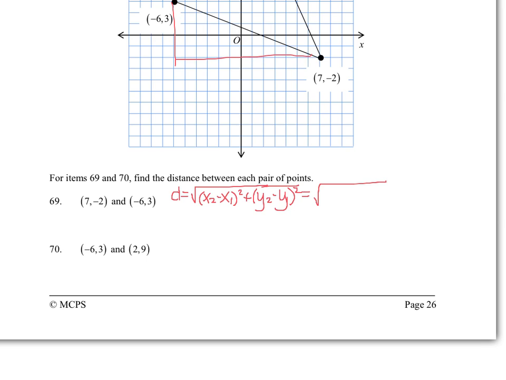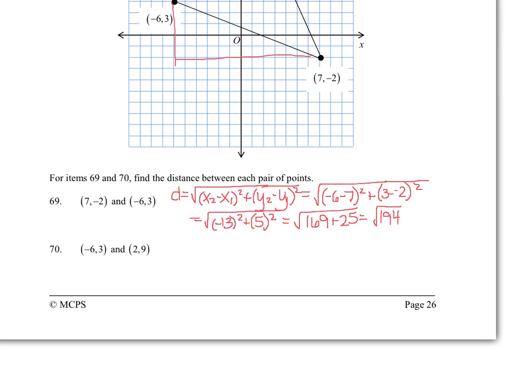This is going to be the square root of (-6 minus 7) squared plus (3 minus -2) squared. -6 minus 7 is -13 squared, and 3 minus -2 is 5 squared. So -13 squared is 169 plus 5 squared, which is 25, and that equals the square root of 194, and you can leave your answer like that or round it to about 13.928.